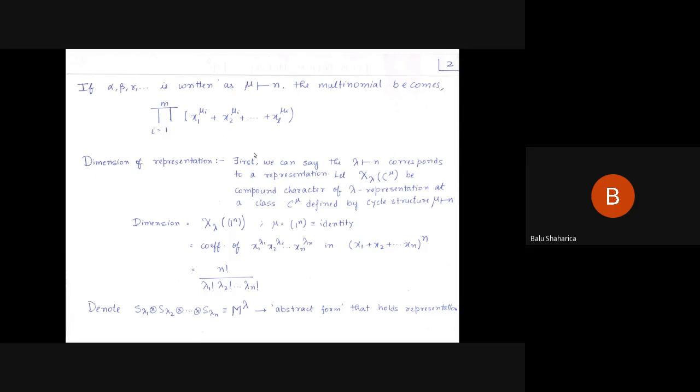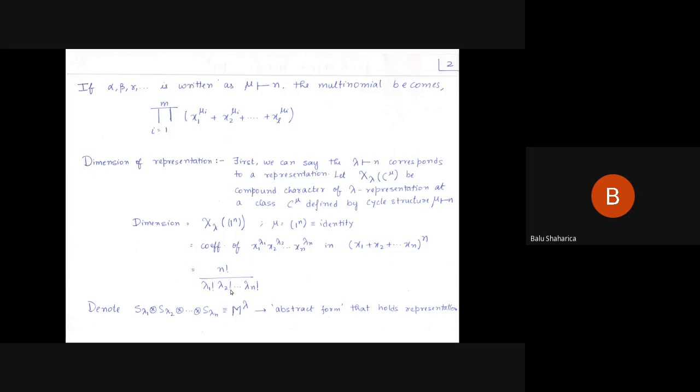So using this multinomial, the coefficients of this multinomial, we can get the dimension of the representation when we take the character of the identity element. So my mu, which is identity, is n one-cycles, and we need the coefficient of this for any rep lambda in this multinomial.